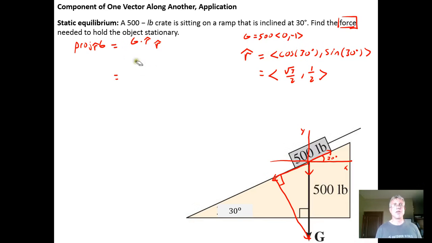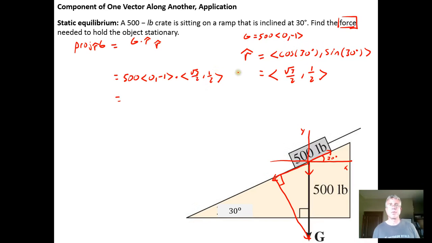So this simplifies to G dot r hat times r hat. G is the vector 500 times the unit vector 0, -1, dotted with r hat, which is the vector √3 over 2, 1/2.